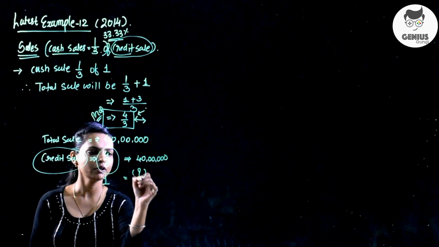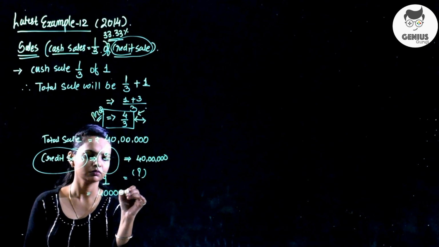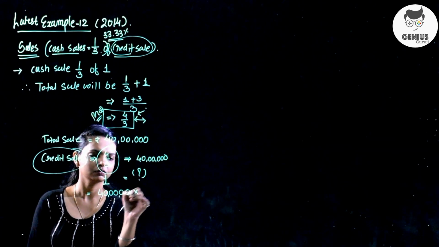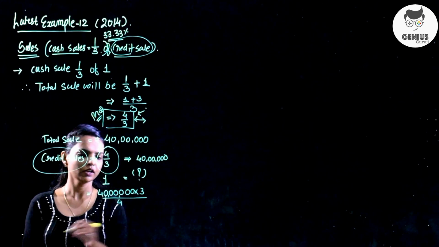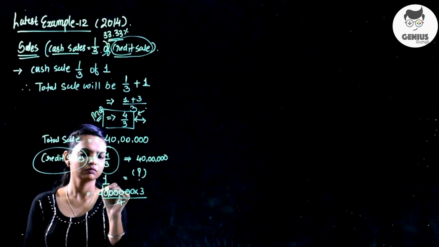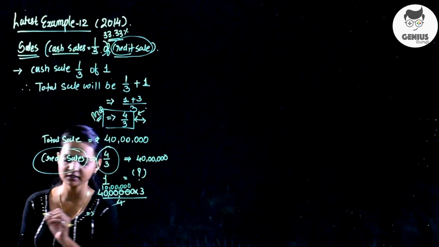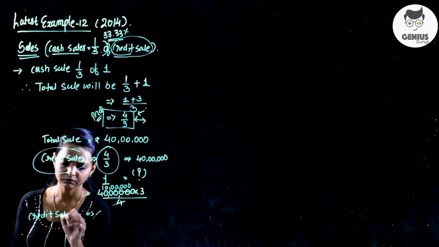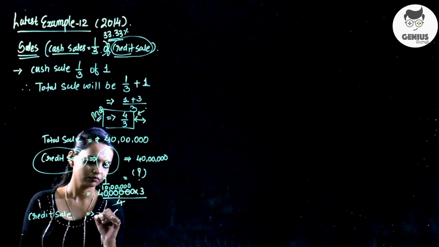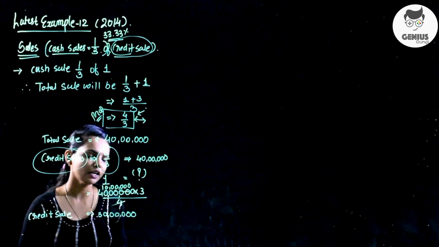So what will be your answer? So my answer of credit sale is 30 lakh rupees. This is the most important adjustment.